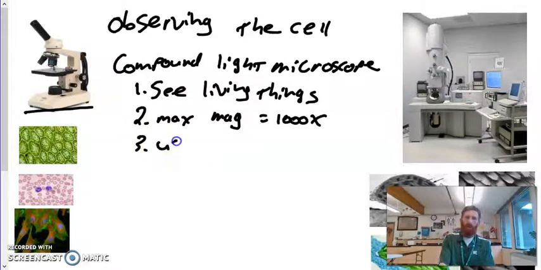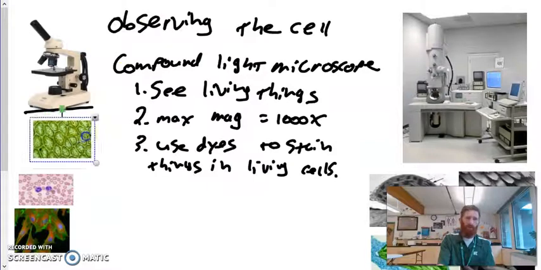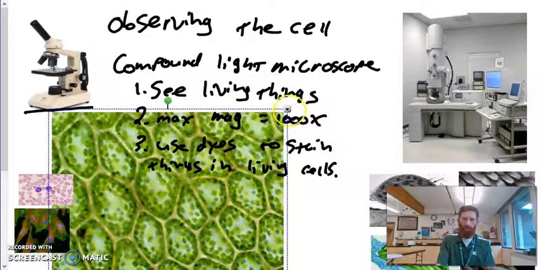So we can use dyes to stain things in living cells. Perfect. And then here are some examples of some pictures taken using the light microscope.